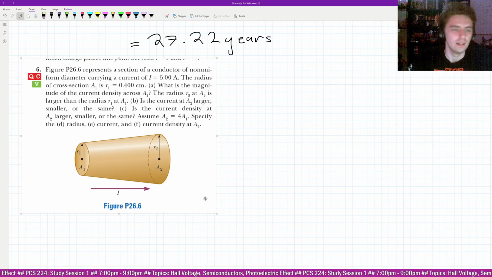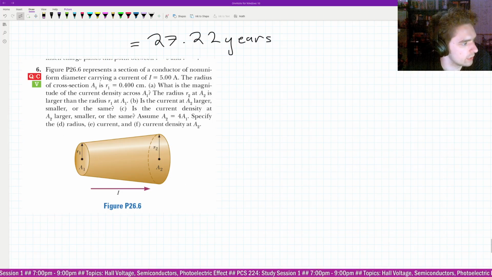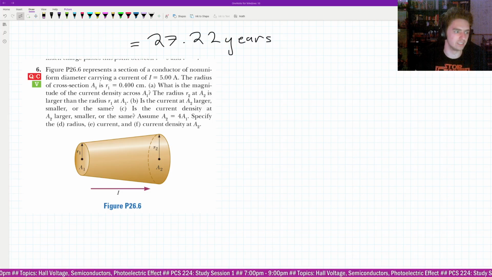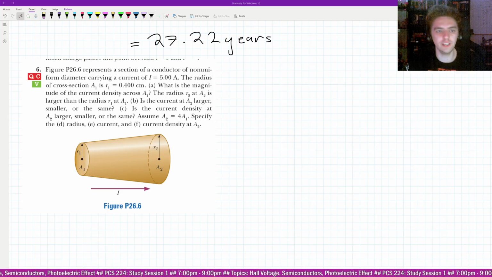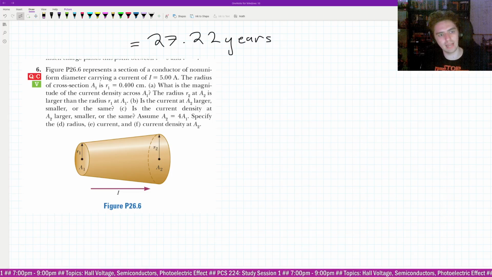So we have figure 2. Let me just make sure this was actually assigned. 26.6. Yeah, and it gives the answers to us. This figure represents a section of conductor of non-uniform diameter carrying a current. The radius of cross-section A1 is given. What is the magnitude of the current density across A1?